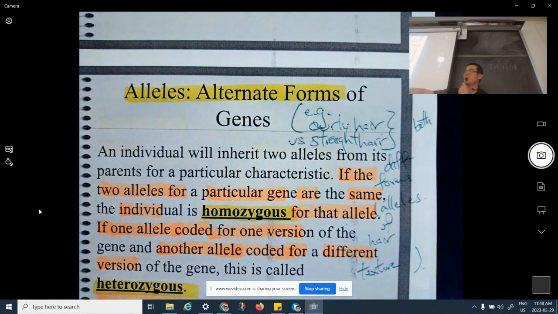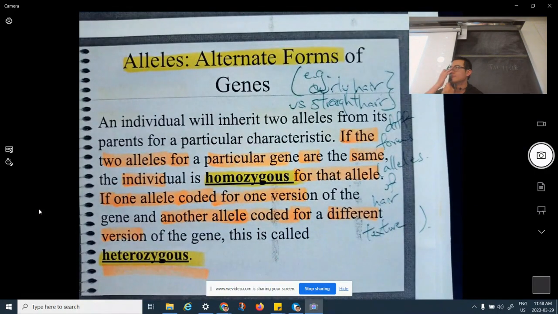All of us have a gene that codes for our hair texture, whether we have the version that codes for straight hair or the version that codes for curly hair. So there are two different versions of the gene. When we're talking about alleles, we're talking about different versions of the same gene.